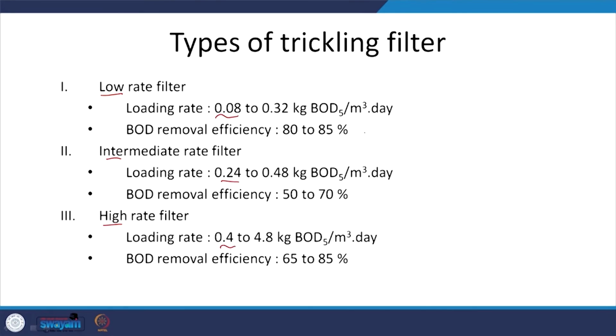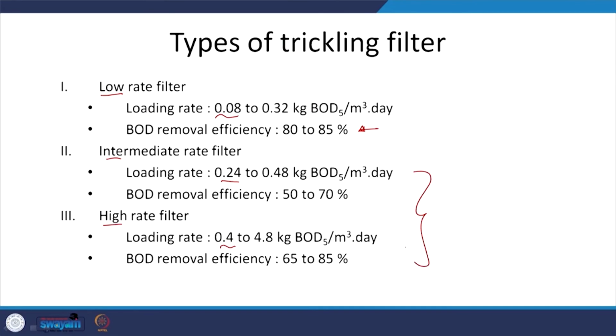Removal efficiency also depends slightly on your rate of loading. With a relatively low loading rate, you get the highest efficiency. Why is that? Because now I am distributing the water at a very slow pace.